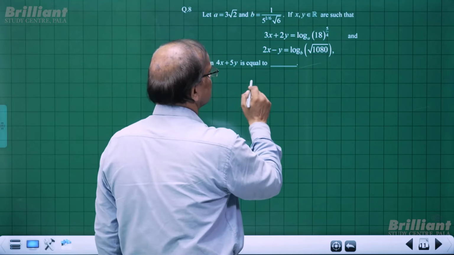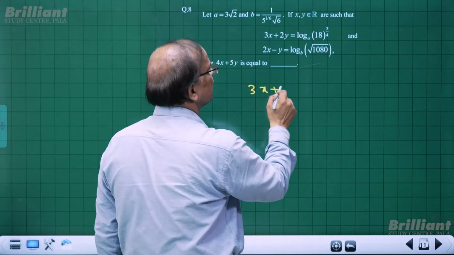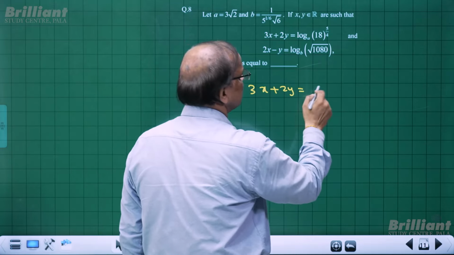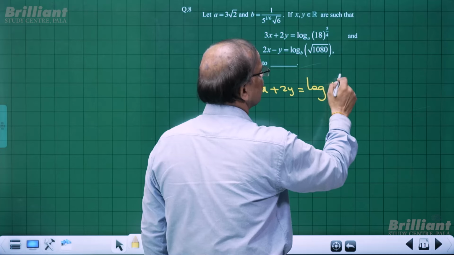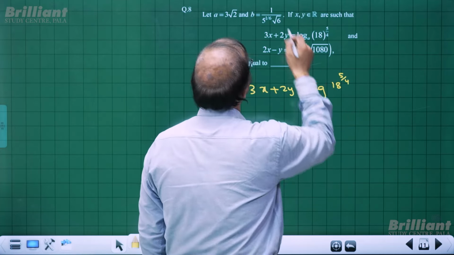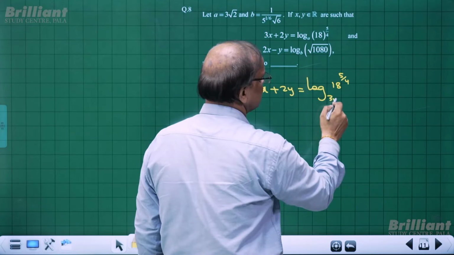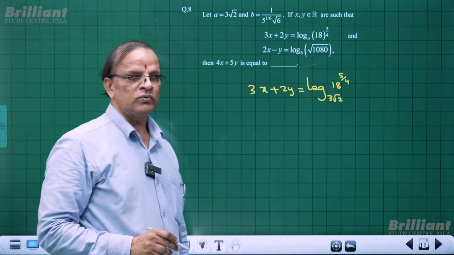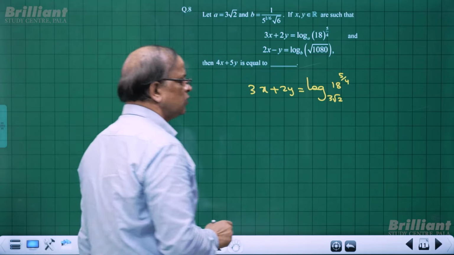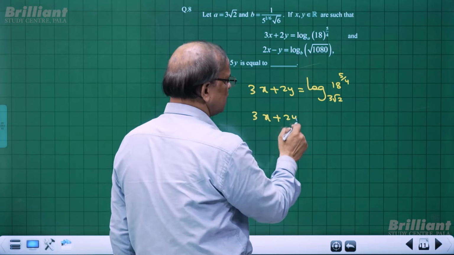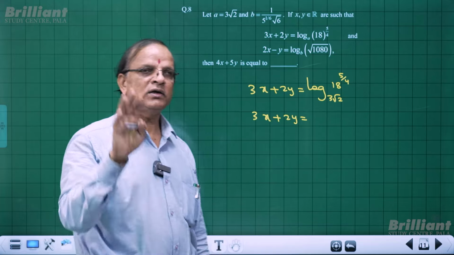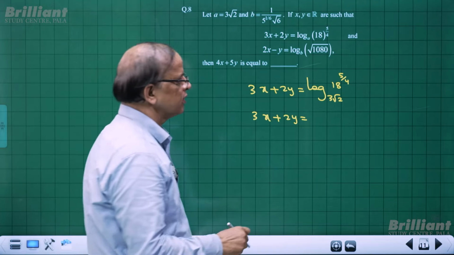So, therefore, 3x plus 2y is equal to log 18 power 5 by 4 base 3 root 2. We can write 18 as 3 root 2 whole square, right.